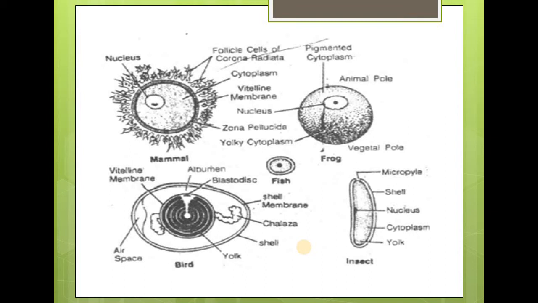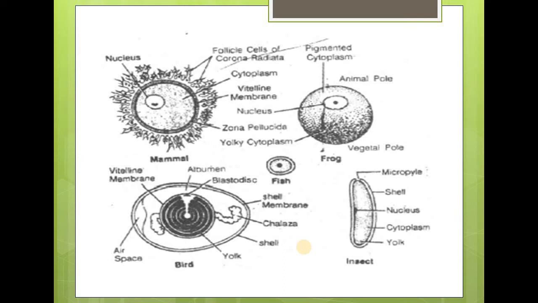This primary egg membrane is secreted around the plasma membrane by the oocyte itself, and in the insects, the mollusks, amphibians and birds, the primary egg membrane is also known as vitelline membrane. While in tunicates and some of the fishes, this membrane is called chorion.